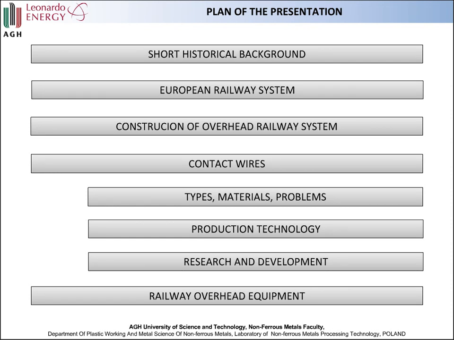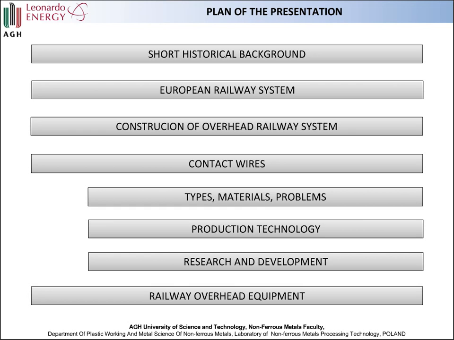and copper alloys. One of the most important components of overhead railway systems are contact wires, and therefore I will be speaking in detail about different types of contact wires, cooperation of contact wires with overhead equipment and with the pantograph.